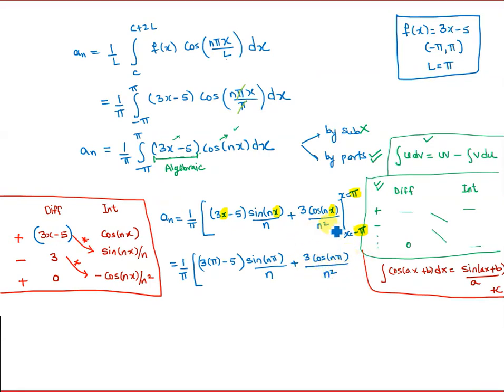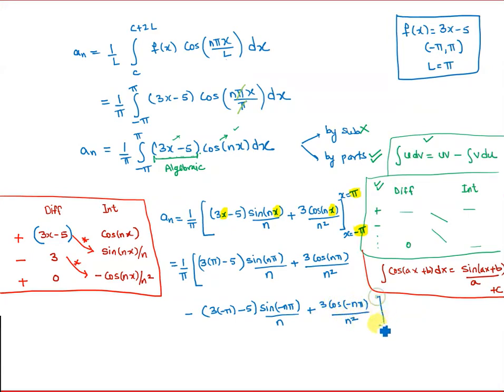So this is for the first term, minus (3 times minus pi minus 5) sine of minus n pi over n plus 3 times cosine of minus n pi over n square.